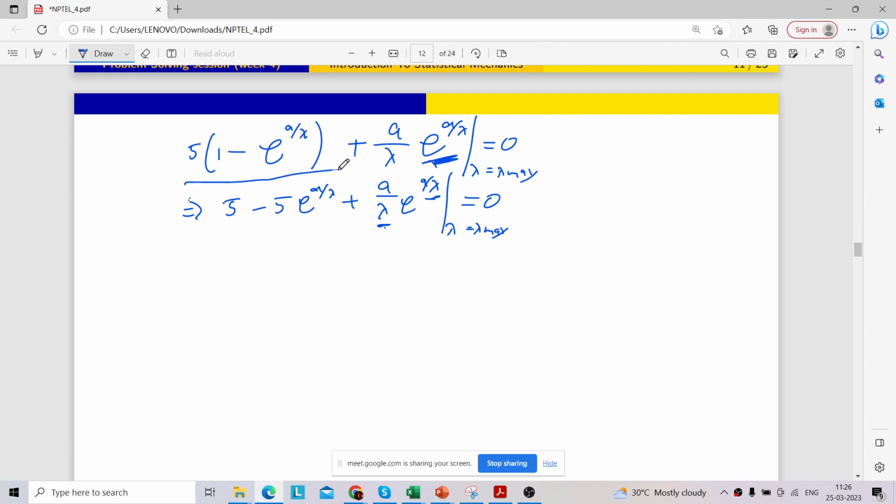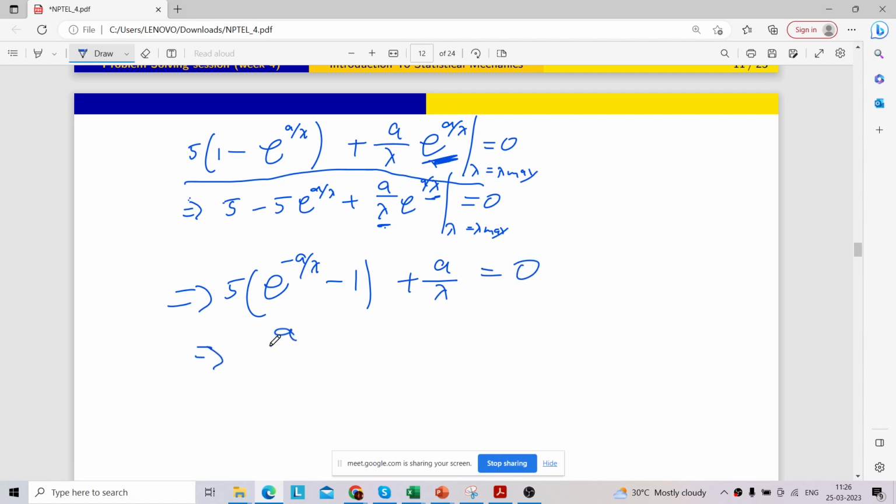So from this equation I can take common e to the power a over lambda. So what it will be then 5, then first term will be e to the power minus a over lambda, the second term will be minus 1 plus a over lambda. I am taking common e to the power a over lambda to the right hand side, so it will be 0, right?